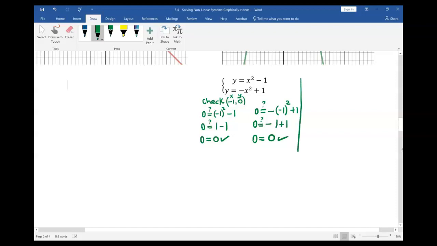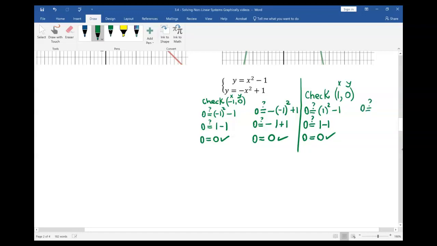Now let's check for the second point. Our second point was 1, 0. So this time 1 represents the x and 0 represents the y. Is 0 equal to 1 squared minus 1? Let's check. 1 squared stays 1. 1 minus 1 equals 0. Perfect. And now for the second equation, we have 0.